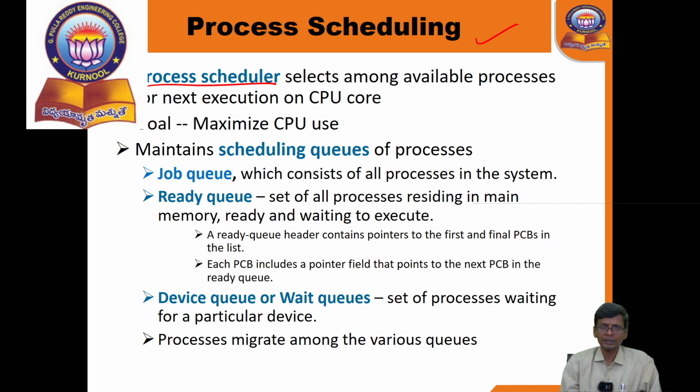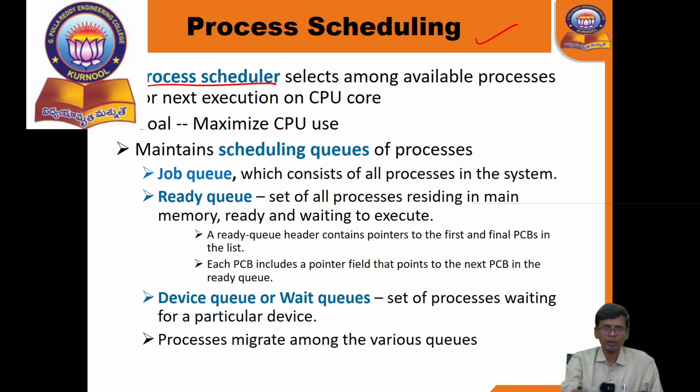After allocating the CPU, the process can start the execution. It means if multiple processes are ready to execute, one process will be selected and the CPU will be given to it.